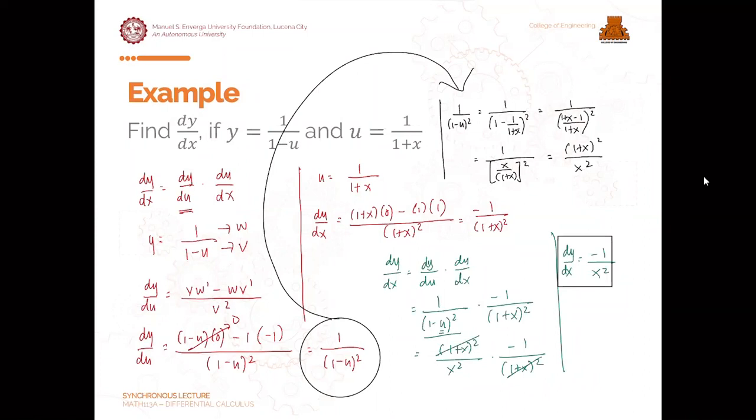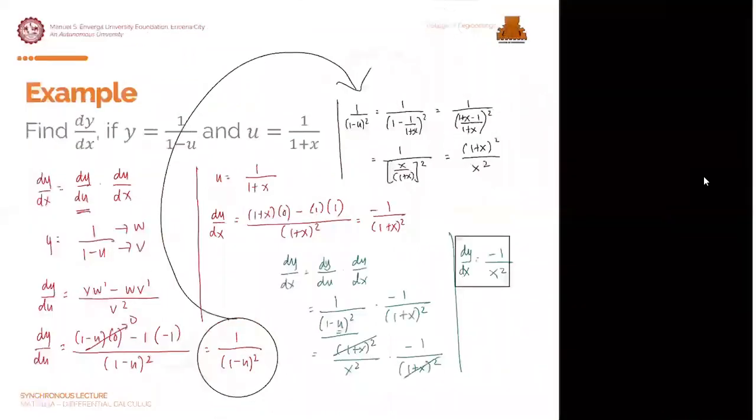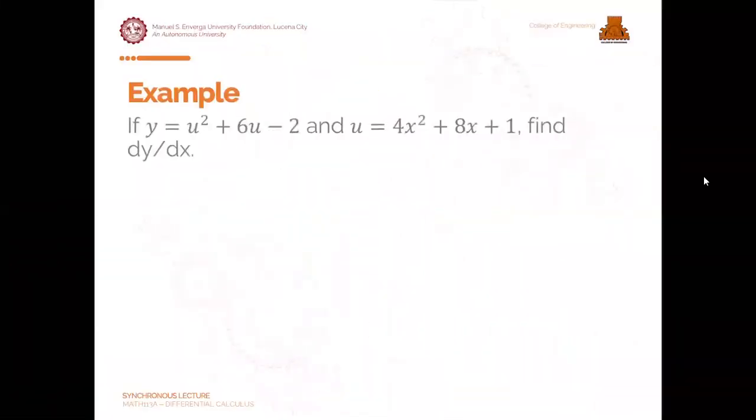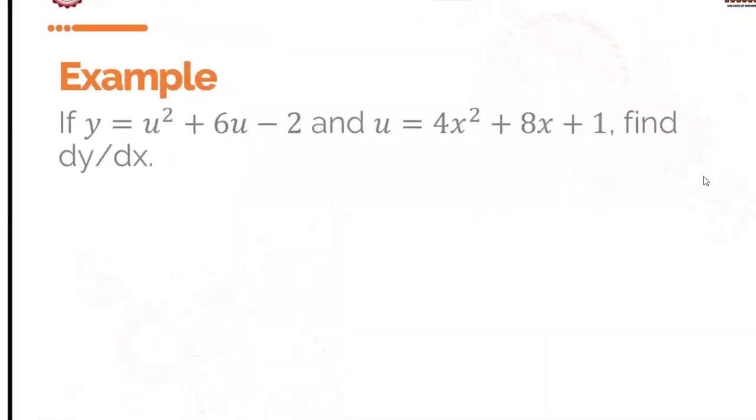Okay. So, let's try another one. So, ito, given ulit yung y and u niya. So, we have y is equals to u squared plus 6u minus 2. Okay? So, yung y muna tayo. Y is equals to u squared plus 6u minus 2.